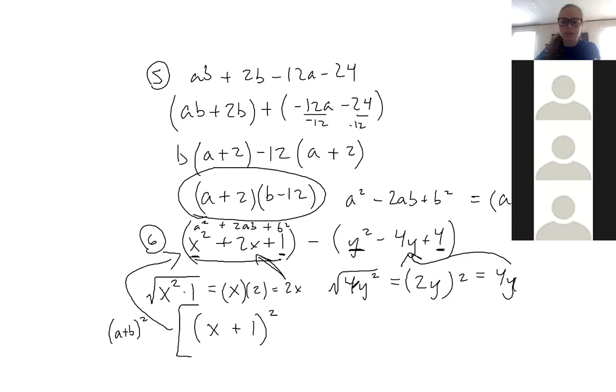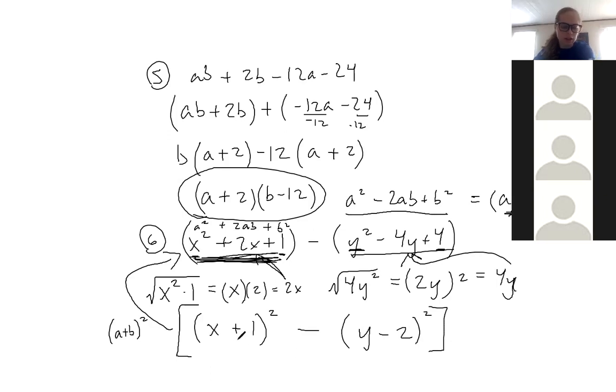So yes, this is going to be a perfect square trinomial, which means I can factor it as a minus b, squared. So that's x plus 1 squared, which was the first trinomial factored, minus the second trinomial factored, which is y minus 2 squared. All right, so I've got x plus 1 squared minus y minus 2 squared.